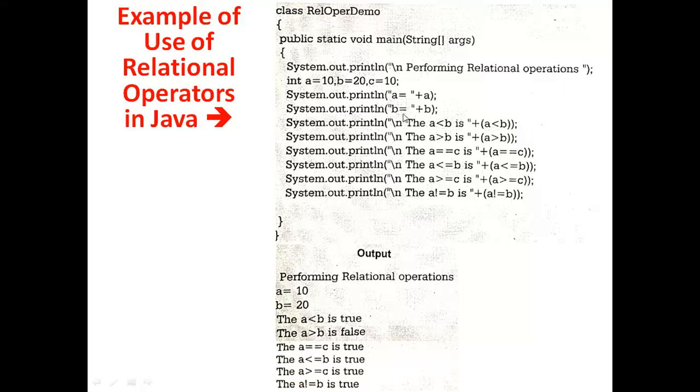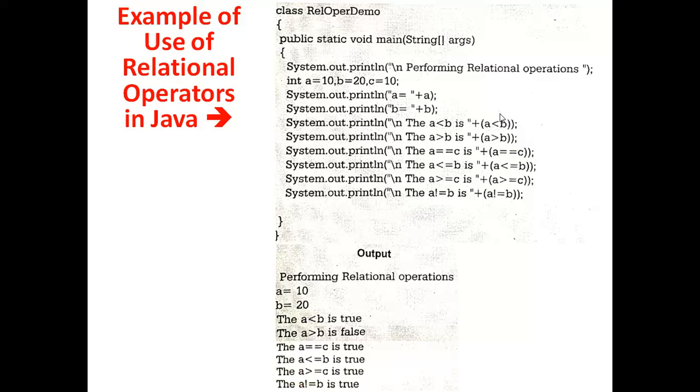Afterwards, I have printed which value is bigger, whether A is bigger or B is bigger. I have done the comparison between A and B, and if A is smaller than B, then it should give the output as true.